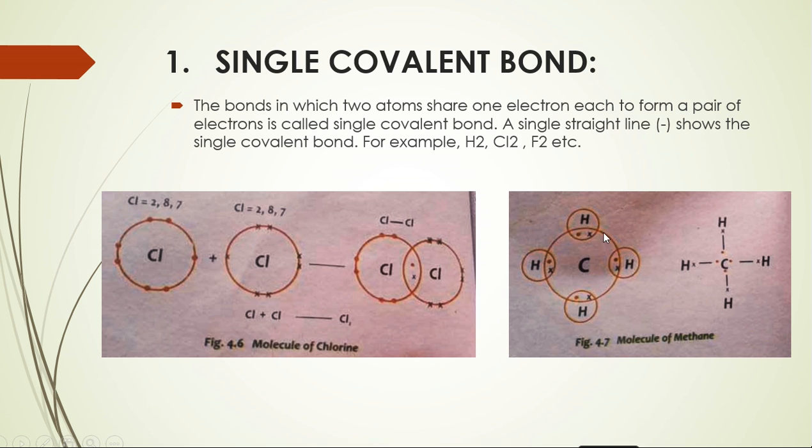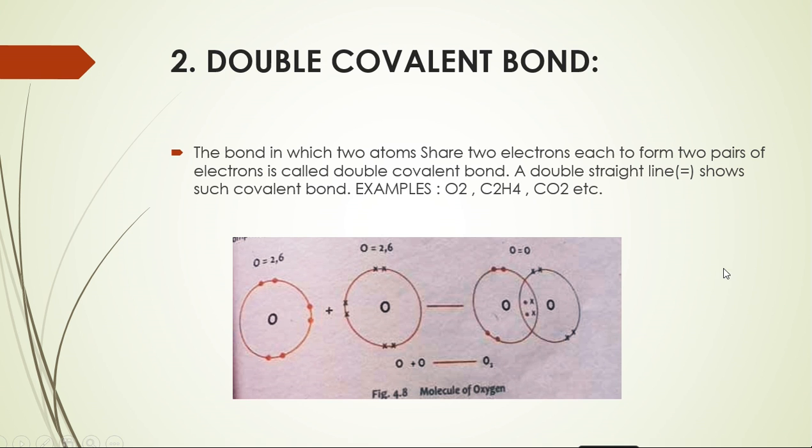So carbon forms 4 single covalent bonds with 4 hydrogen atoms in order to complete its octet, and the duplet of hydrogen will also get complete. As a result, the methane molecule will form, and these are the 4 single covalent bonds between 4 hydrogen atoms and a single carbon atom.